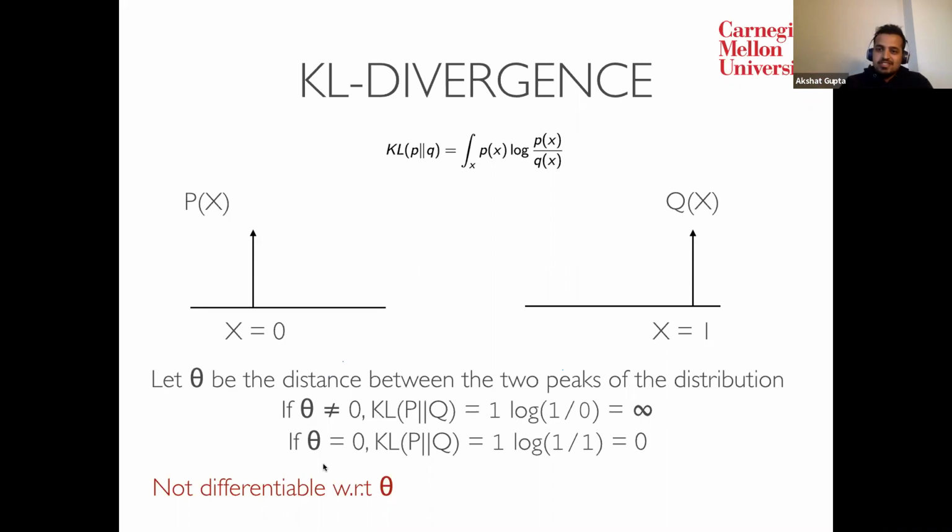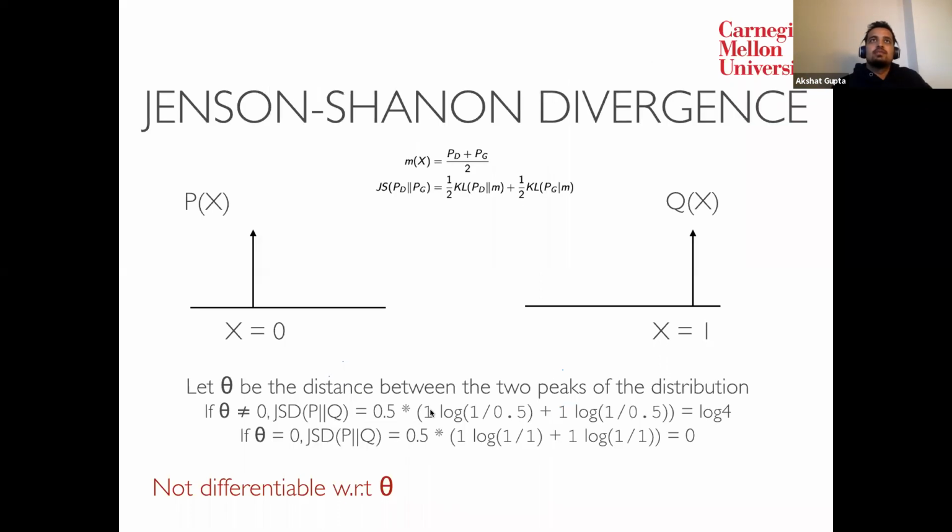So the KL divergence does indicate to us when the two distributions match each other, but when they do not match, it's not giving us any useful information. We don't know if the distributions are 10 units apart, 20 units apart, or 5 units apart, because in all three cases the KL divergence would be infinite. And another thing to look at is that it's not differentiable with respect to theta, which is the distance between the two peaks.